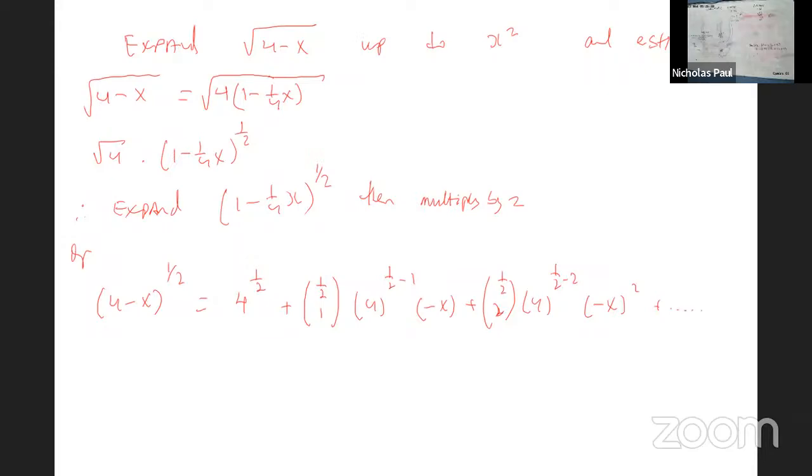Just remember, square root of 4 is 2. Just remember, half C1 is simply a half. This is 4 to the negative a half by minus x, plus half C2. What is half C2? It will be a half by a half minus 1 all over 2 factorial by 4 to the minus 3 on 2 by x squared. And you're good to go.